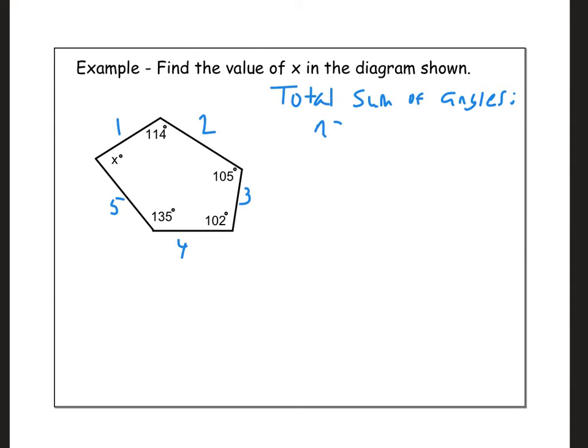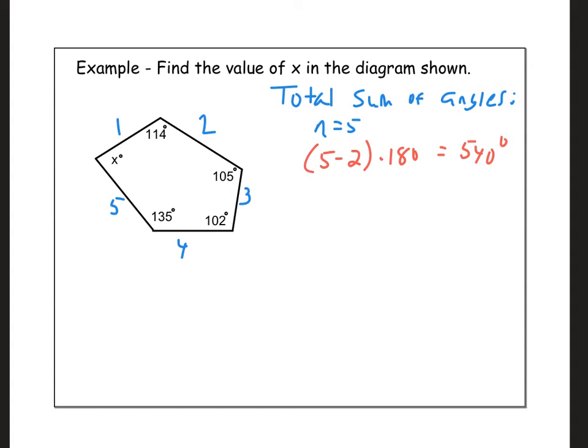In this case, n equals 5. It's a 5-sided figure, and it also has 5 angles. So the interior angle sum is going to be n minus 2 times 180. So 3 times 180 is going to give us our angle sum. In this case, it's going to be a total of 540 degrees.